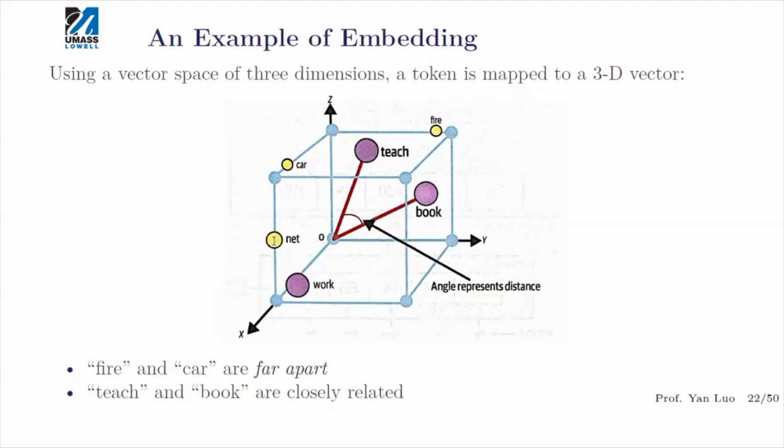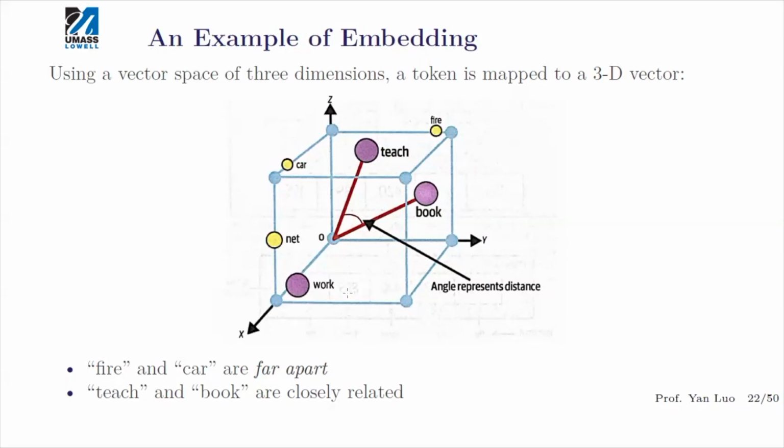Maybe not as far as net and fire, but they are pretty far apart compared to teach and book. Teach is in the center of this upper plane, and book is somewhere here, close to this plane on the right side.